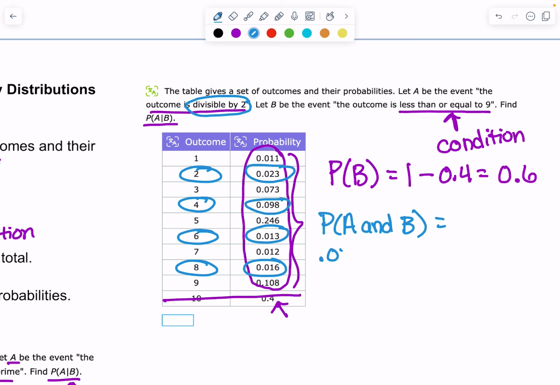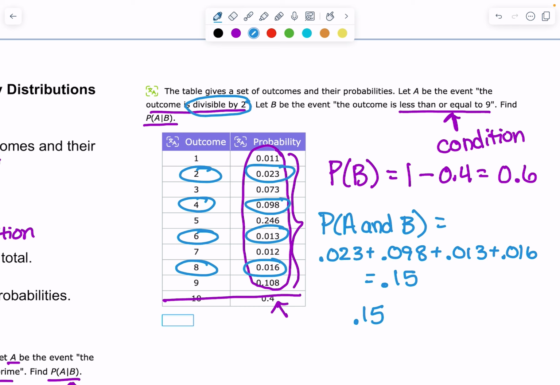So 0.023 plus 0.098 plus 0.013 plus 0.016. So adding all those up would give us 0.15. And then we can do our division.